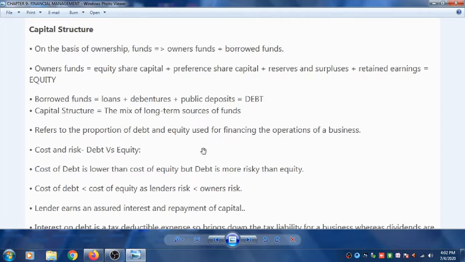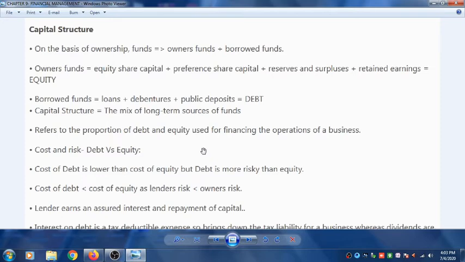Owners fund are basically equity share capital, preference share capital, reserves and surplus, and the retained earnings. All these are together called as equity. Now borrowed fund is basically the loans, debentures and the public deposit. This is called the debt.